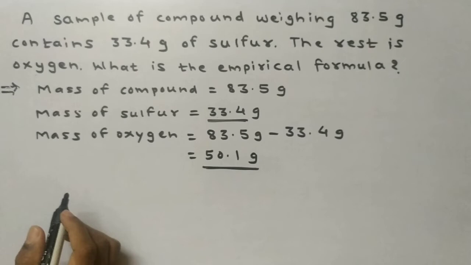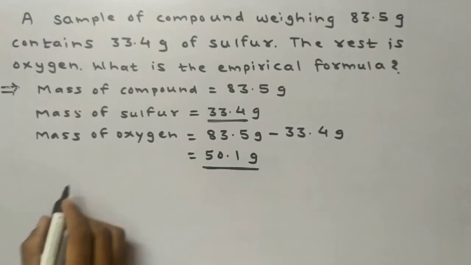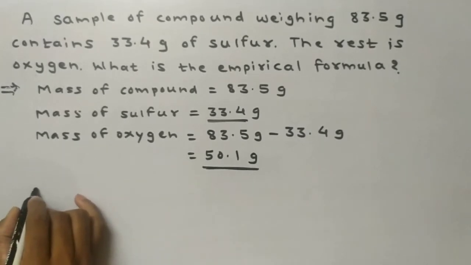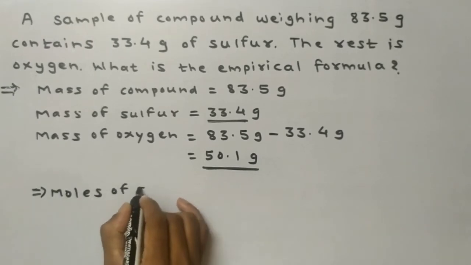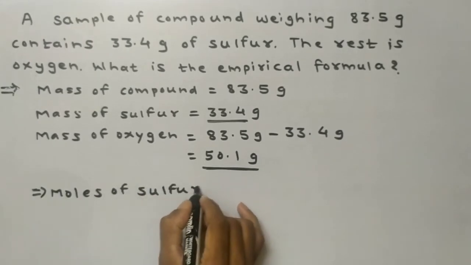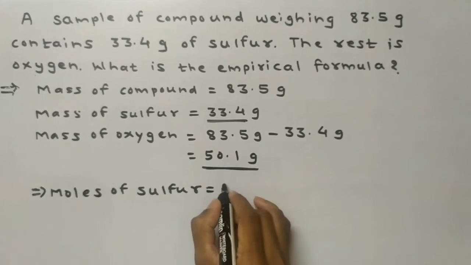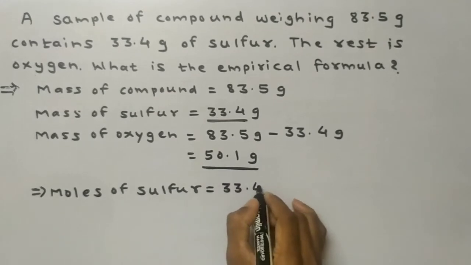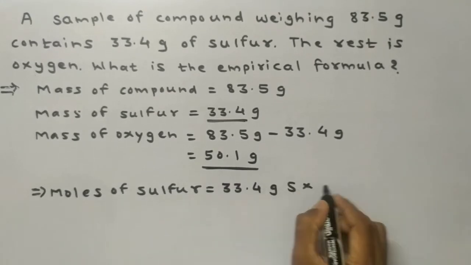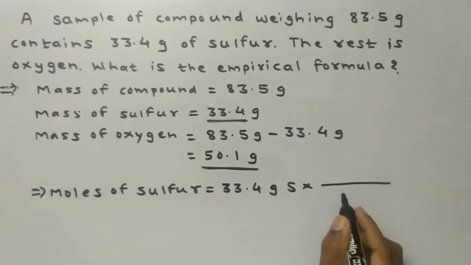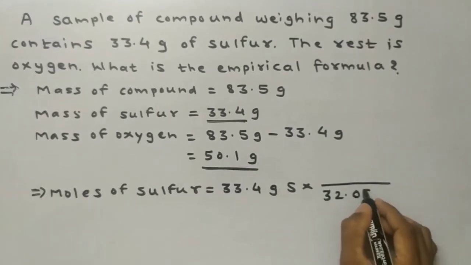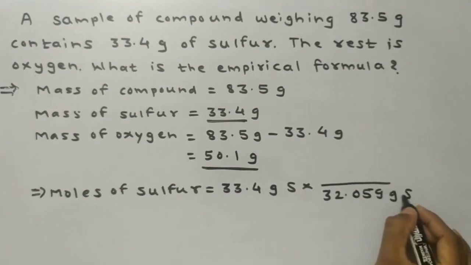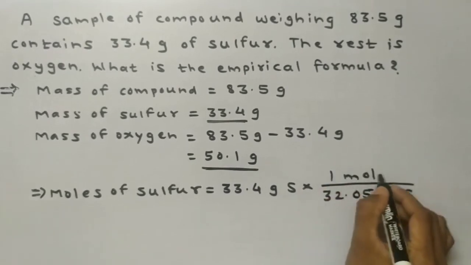Now we'll determine the moles of each element. So we'll first determine the moles of sulfur. Let's start with the mass of sulfur, 33.4 grams of sulfur. We'll use the dimensional analysis method. We know the molar mass of sulfur, 32.059 grams of sulfur per 1 mole of sulfur.